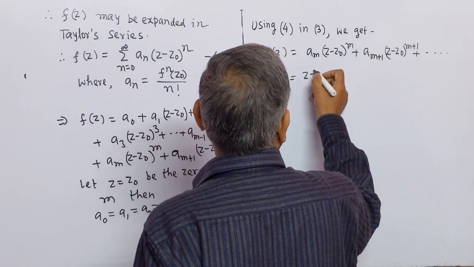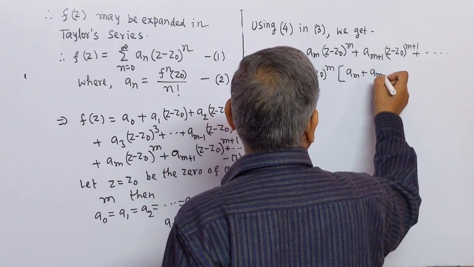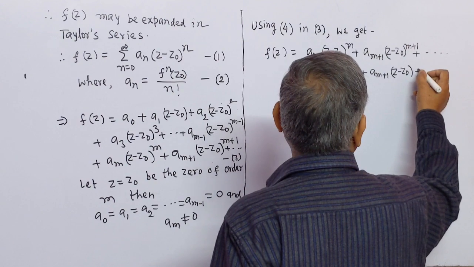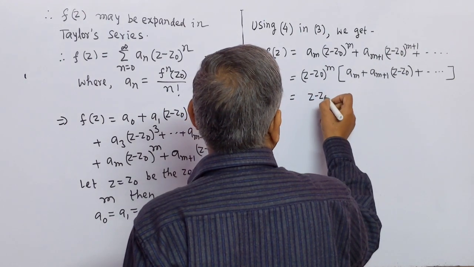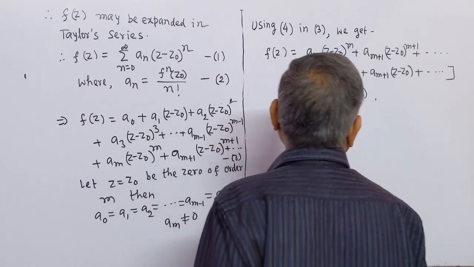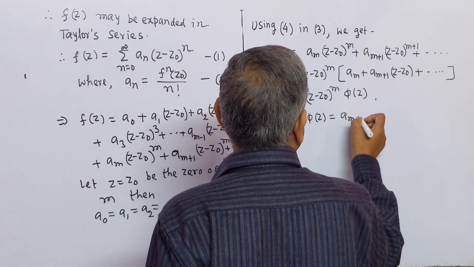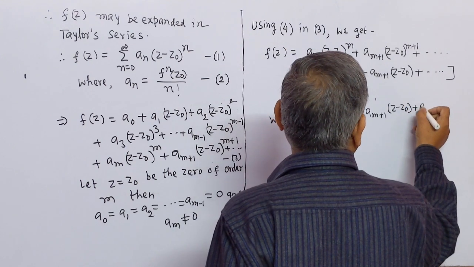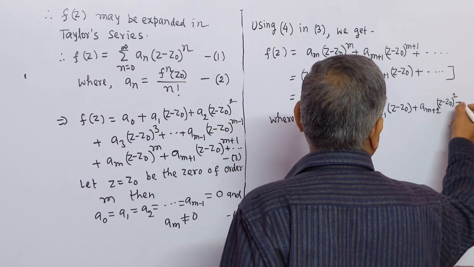Here we take (z minus z naught) to the power m common: [am plus a(m plus 1) (z minus z naught) to the power 1 plus dot dot dot dot] is equal to (z minus z naught) to the power m times g(z), where g(z) equal to am plus a(m plus 1) (z minus z naught) plus a(m plus 2) (z minus z naught) whole square plus dot dot dot dot.